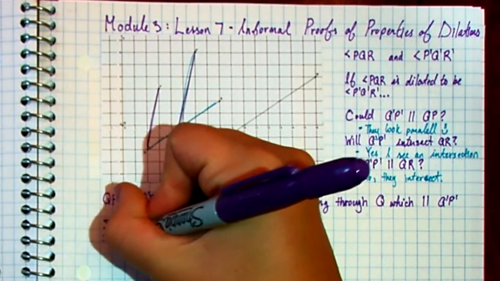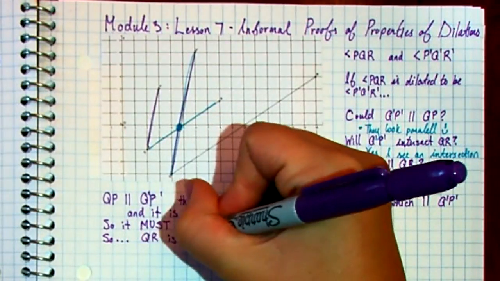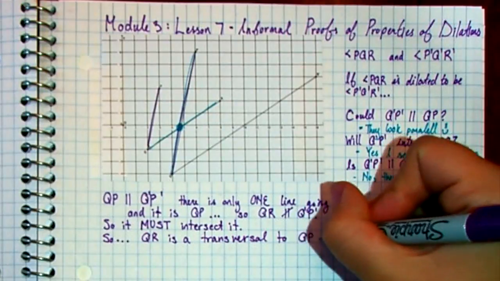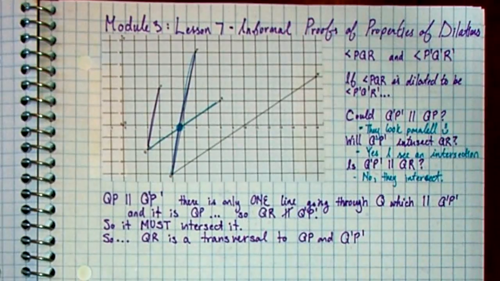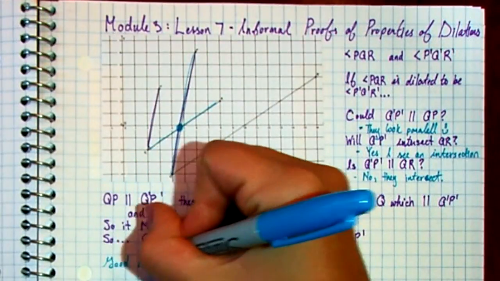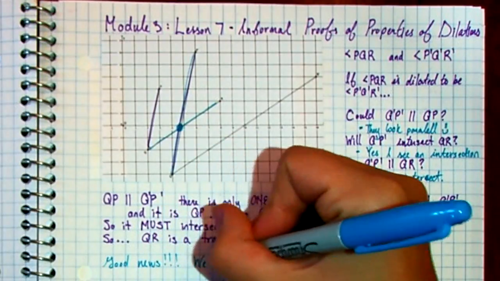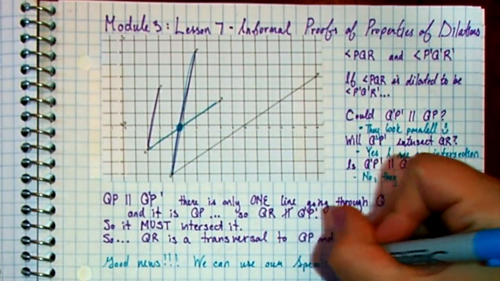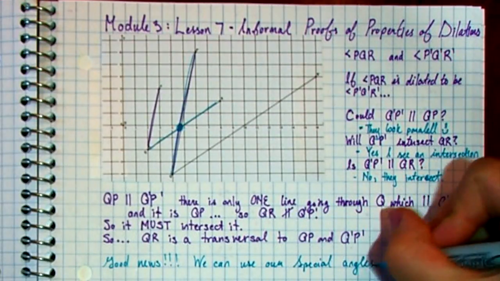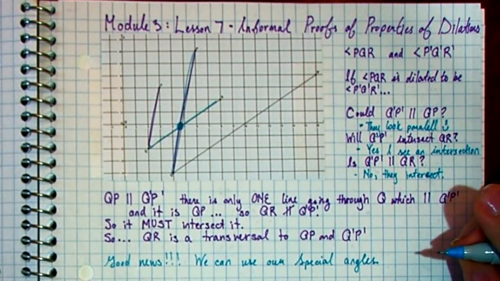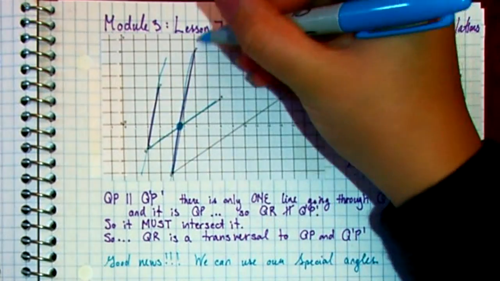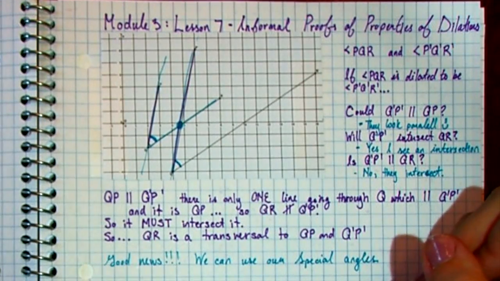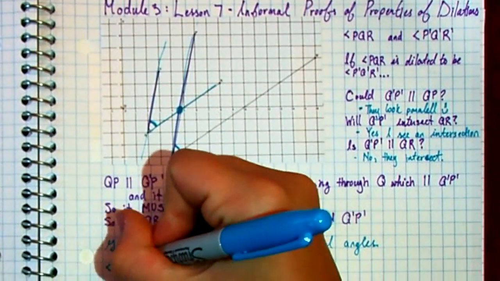Now, the other thing that we can see is if QR intersects both Q prime P prime and QP, then it's a transversal to those two parallel lines. That's great news, because that means we can use our special angles: alternate interior, alternate exterior, consecutive angles, and vertical angles that we talked about early in Module 2.